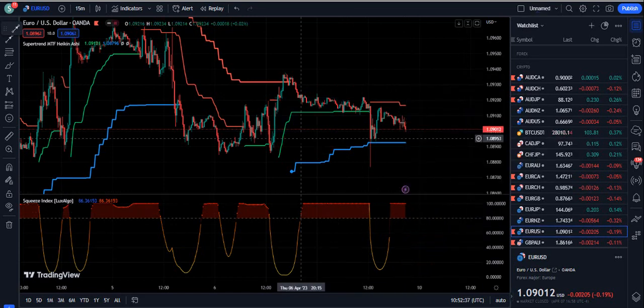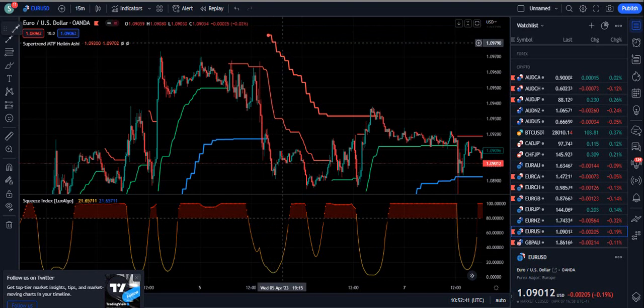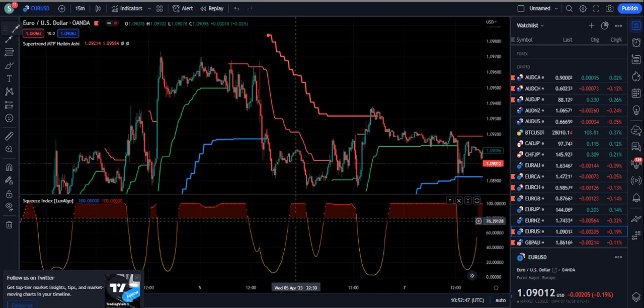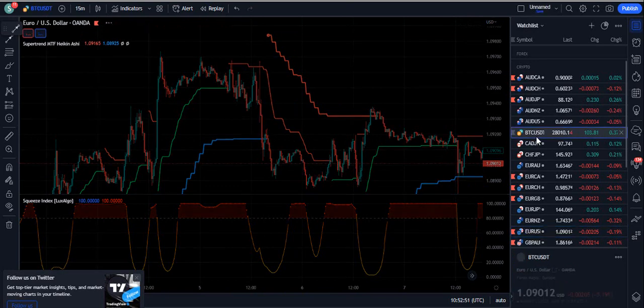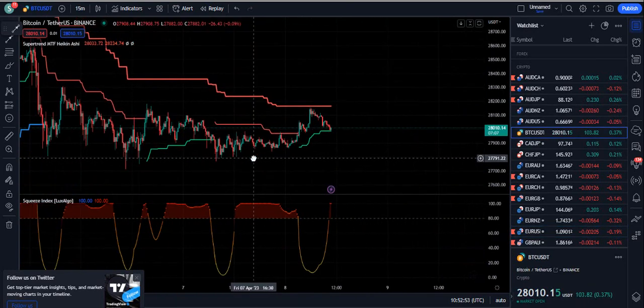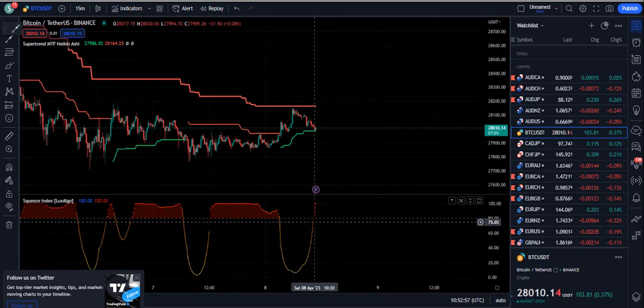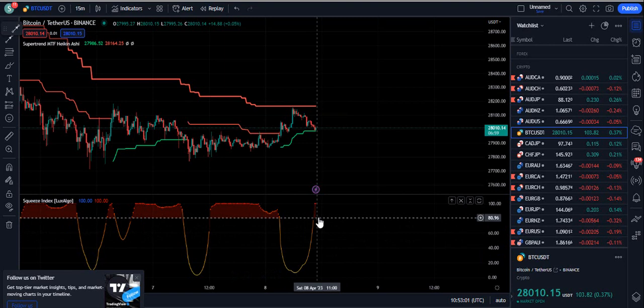Okay, and the sell rules are very simple. If you get a sell signal from the super trend, just check the squeeze index to see whether it is at the overbought or not. If it is below the 80 level, then you can take a trade. Below the 80 level, that makes sense. For example, right now on the Bitcoin USDT chart, the market is about to reach the 80 level.